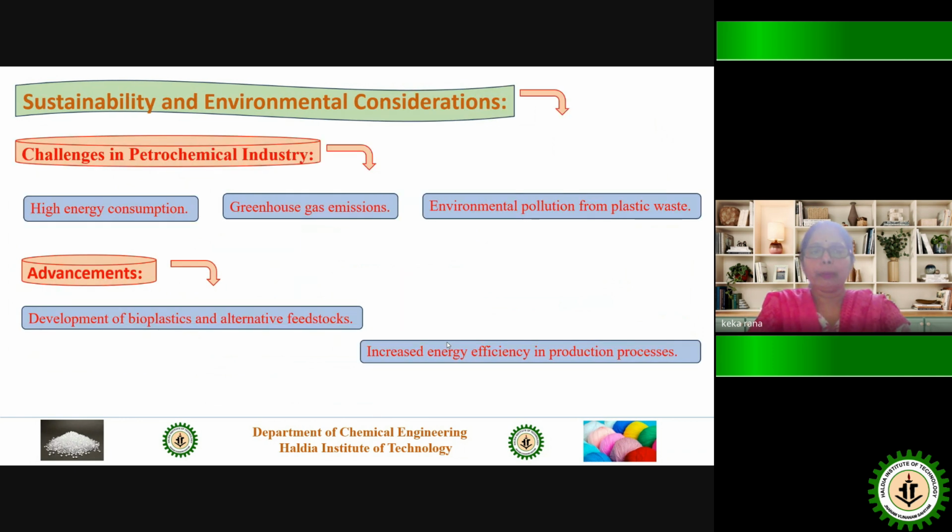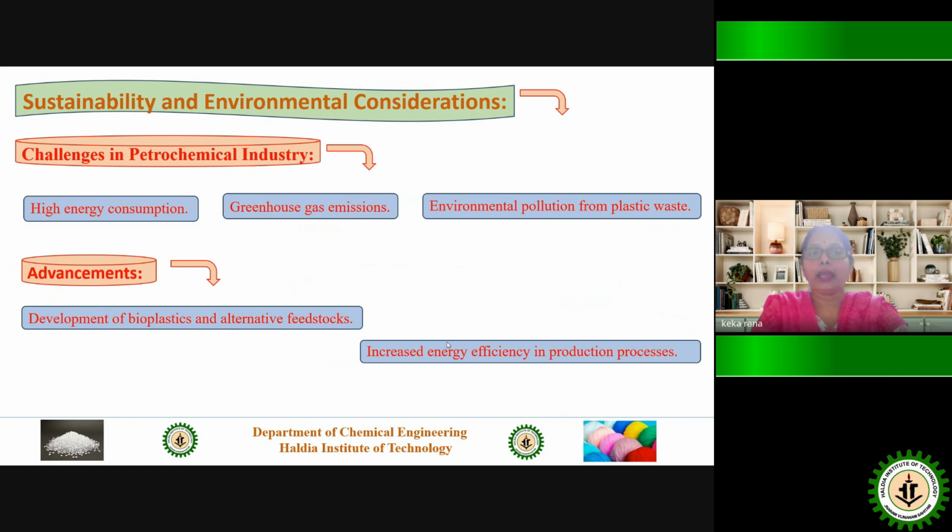With all these applications and all this profit, we have to think about sustainability and environmental considerations. Why sustainability? Because we all know that natural resources are decaying exponentially. So you have to think about these three terms: reuse, reduce, and recycle. But look at the petrochemical industry, what are the challenges?